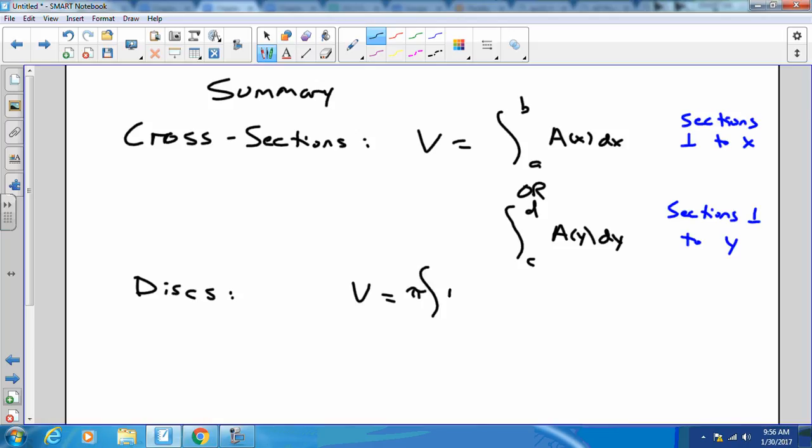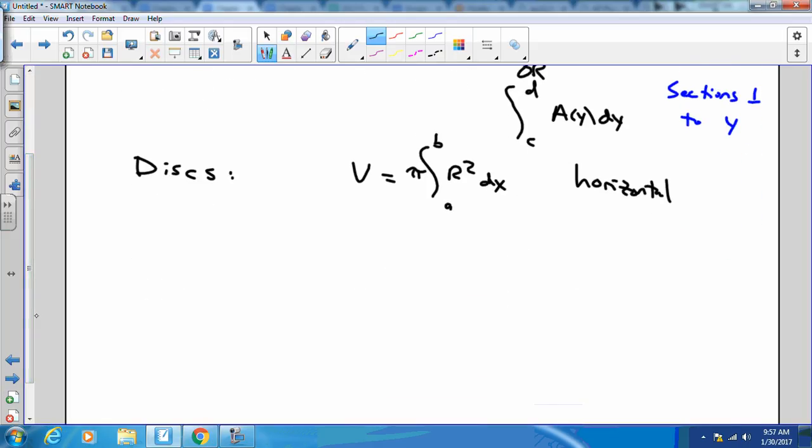And then, in the special case of discs, if I have a horizontal axis of revolution, then I'm going to integrate with respect to x.